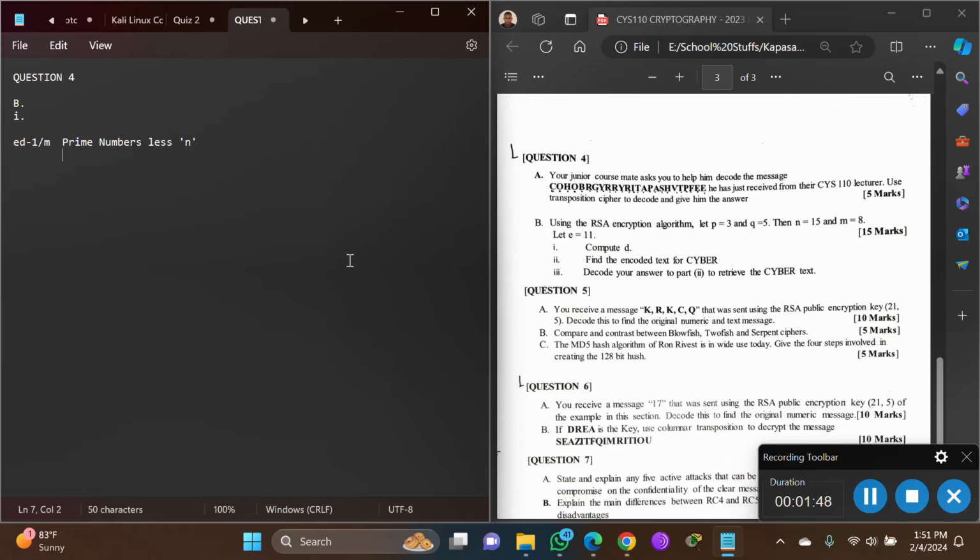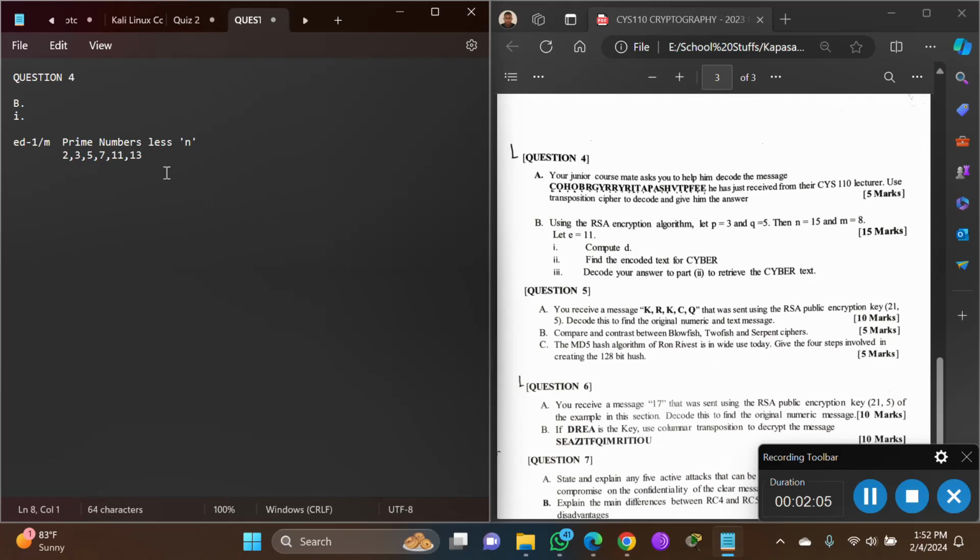So we will list prime numbers which are less than 15, starting at 2: 2, 3, 5, 7, 11, and 13. Those are prime numbers less than N.